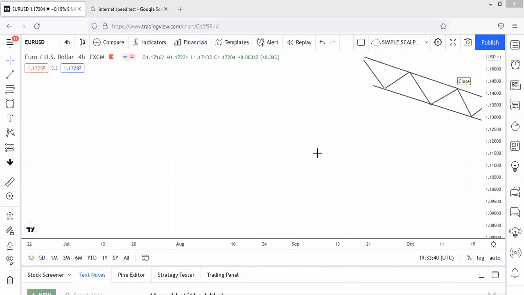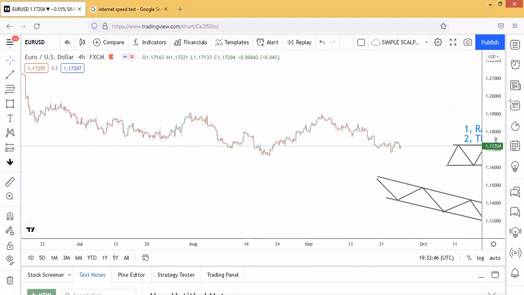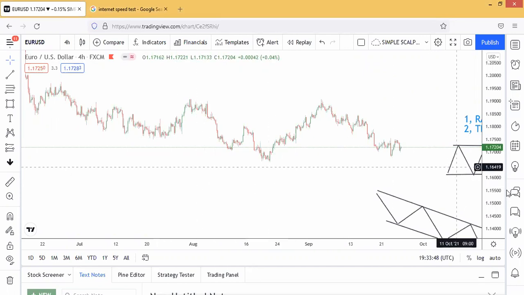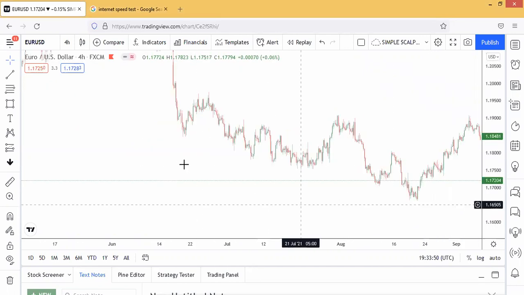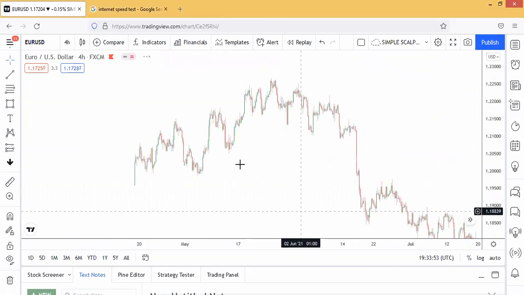When market is choppy, it's a little bit different from having a range. Choppy is when you are not able to determine what market is doing. Okay, I think we're going to take a look at that also.